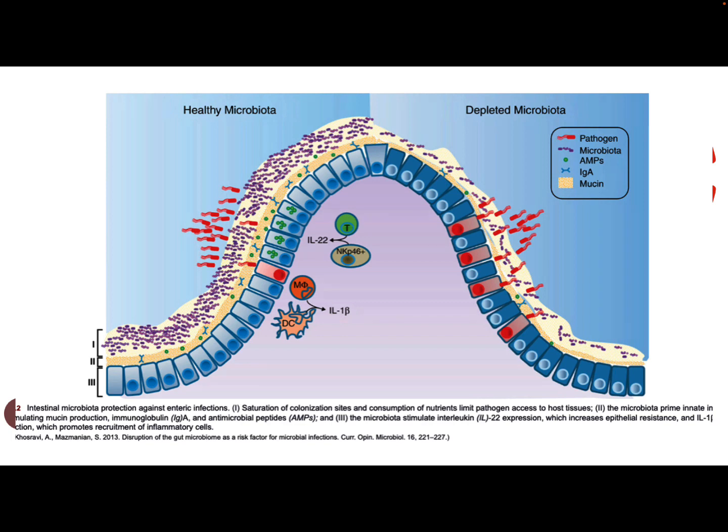Yeah, a couple can get in. Usually they're taken care of by the immune system, because if not too many get in, your immune system can clear everything up. But when you have a situation where you don't have a very robust microbiome, you have a depleted microbiome, you have far fewer organisms than you should, what they're trying to illustrate in this cartoon is you have a much greater chance of being colonized by pathogens.